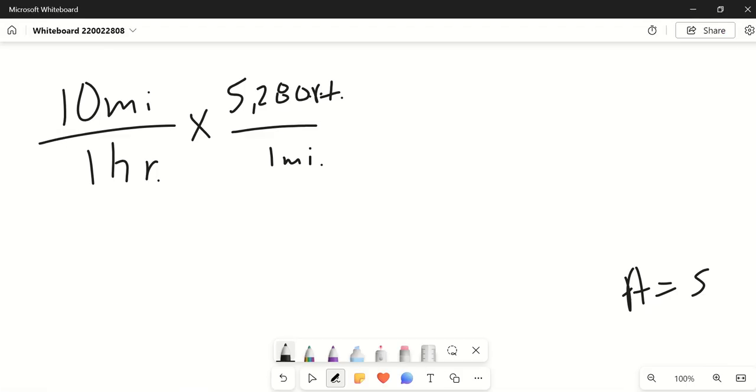Okay, so again, in order for me to convert this team's miles per hour into how many feet per second, I have to turn those miles into feet, and then I'm going to have to turn that hour into a minute and then into seconds.